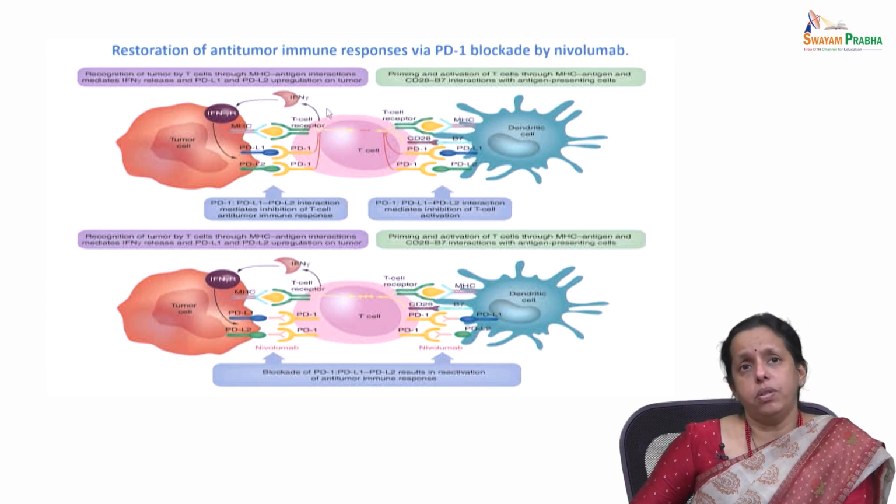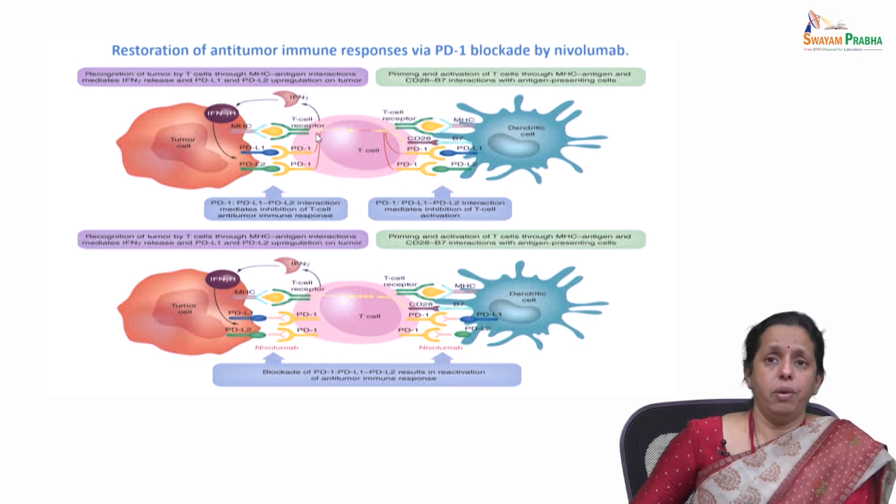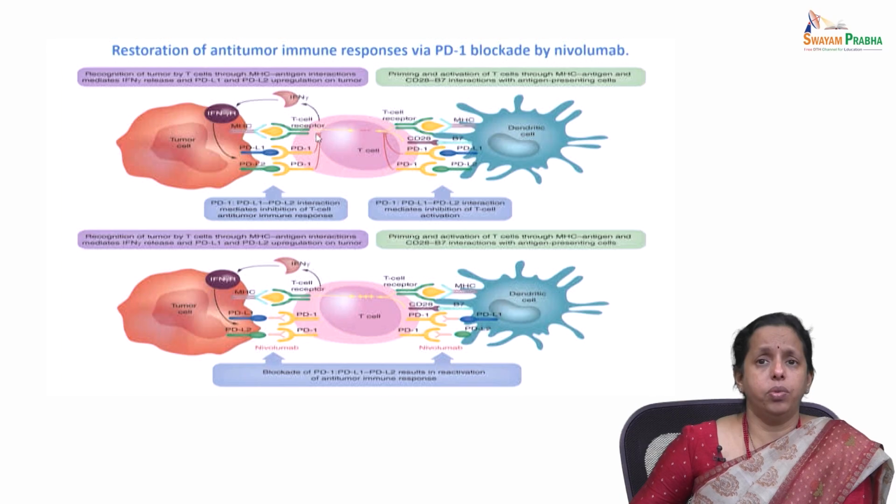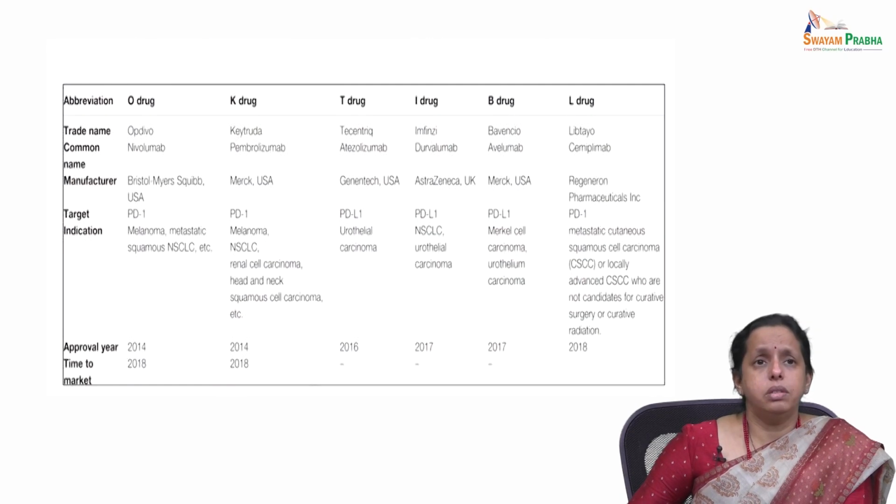Since the advent of this drug, there has been a durable response and an increase in overall 5-year survival rates for 20% of the patients who receive these drugs. This is an example of the different drugs, and these are the different pharma names and the different manufacturers, and they have been very successful.